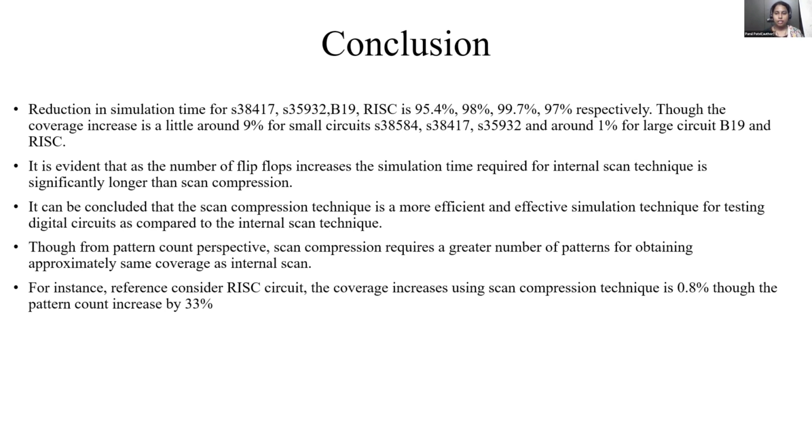To get the same coverage, you have to have a greater number of patterns, and every pattern has a cost. So if the pattern count increases, your cost to test increases. So depending on what is more important, pattern count or area, you will choose one of the two techniques. The advantage of scan compression is time and coverage. The advantage of internal scan is lower area and lower pattern count.